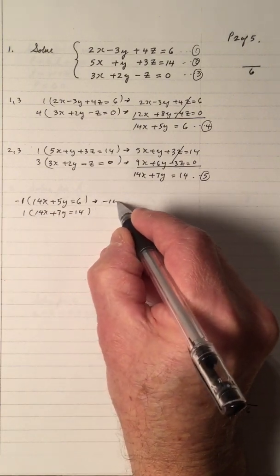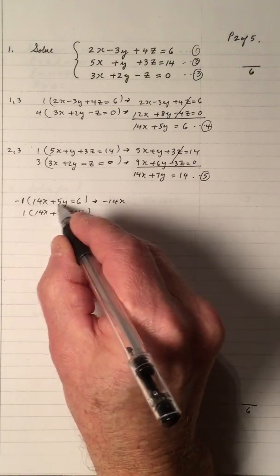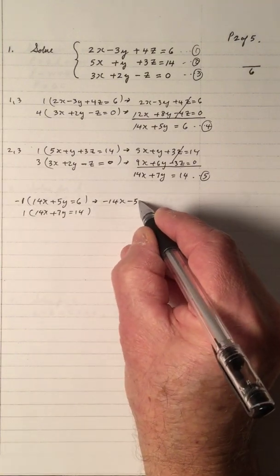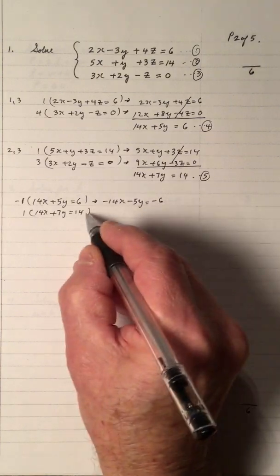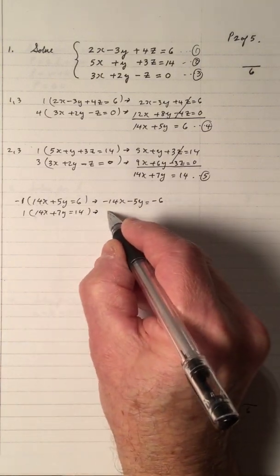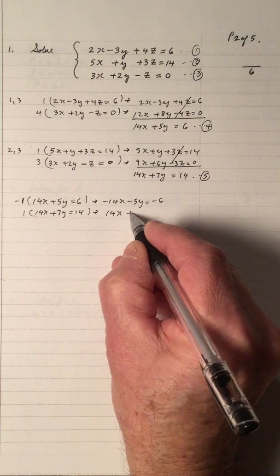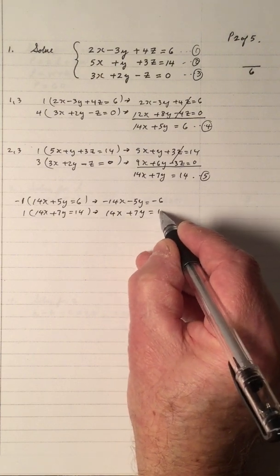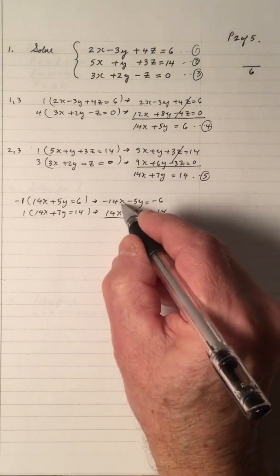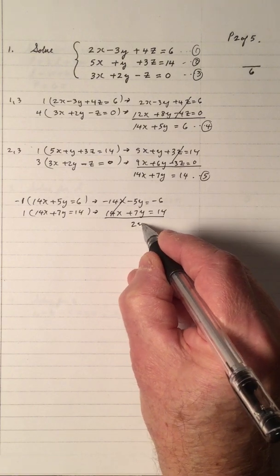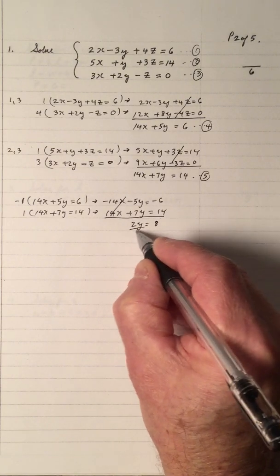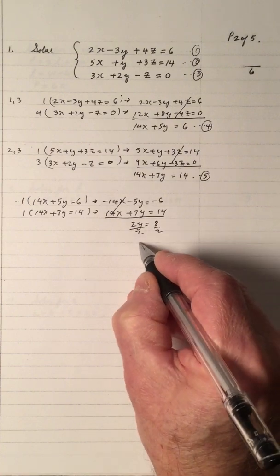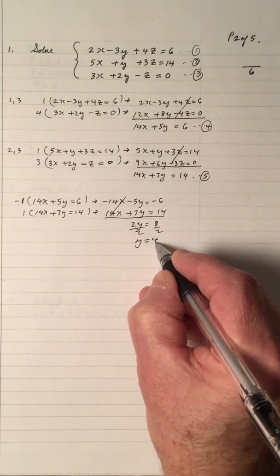That gives us negative 14x. Negative 1 times 5 is negative 5y. Negative 1 times 6 is negative 6. When I multiply by 1, the equation stays the same. And I add, the x's cancel, and I get 2y equals 8. Divide by 2, and I get y equals 4.